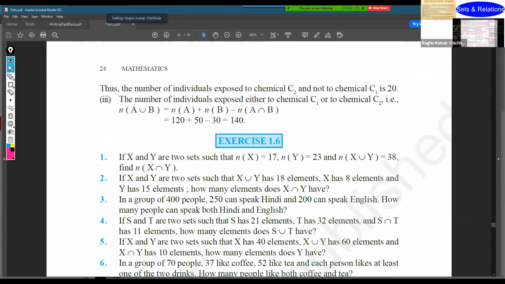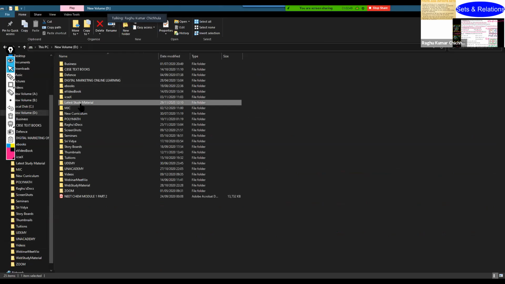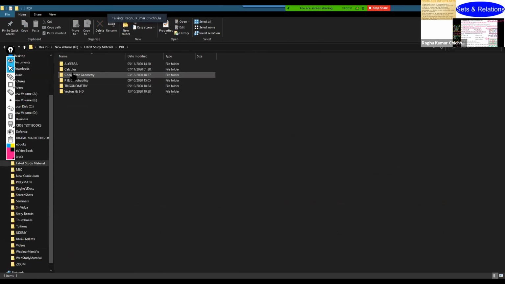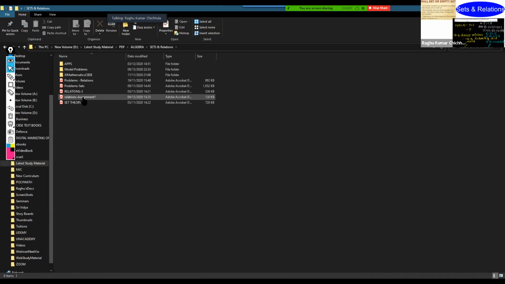And then we will move on to the objective part of it, which I'll show you how the objective questions will be. Sets and relations, problems on sets.